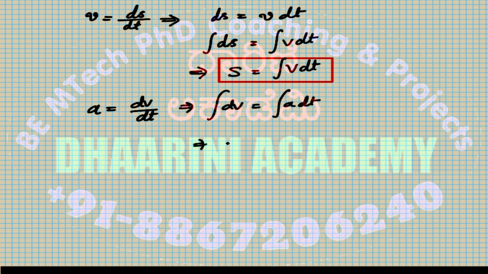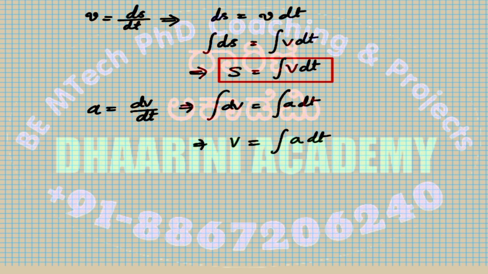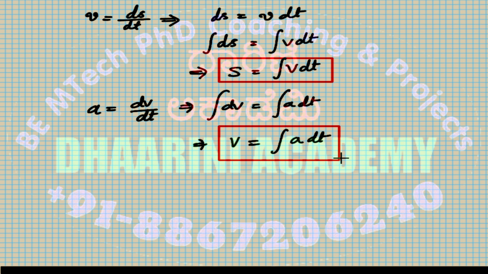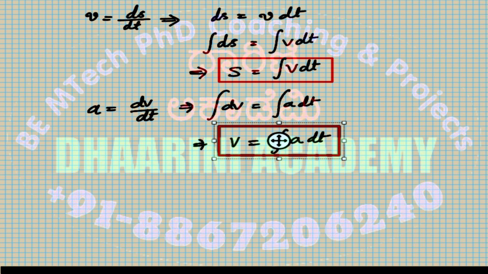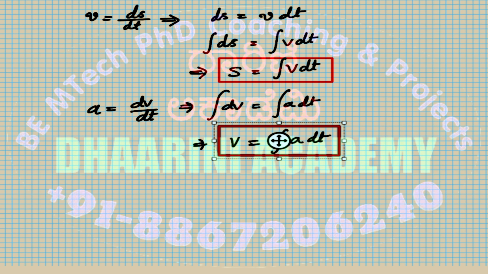That implies integral dv, which is v, is equal to integral a dt. This is considered as the second equation which uses integration to solve. Right. Then the integral v dt is displacement.